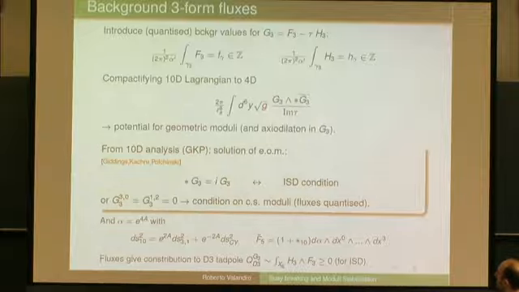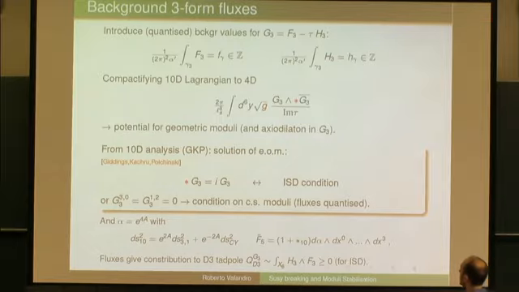And you see that in the 10D Lagrangian, when you compactify to 4D, you have this term here that depends on the internal metric, especially through this star here. So if you introduce a background value for G3, this will generate a potential, because here there are no derivatives of the metric, a potential for the metric moduli. And in particular it will also generate a potential for the axio-dilaton, because G3 has the axio-dilaton inside.